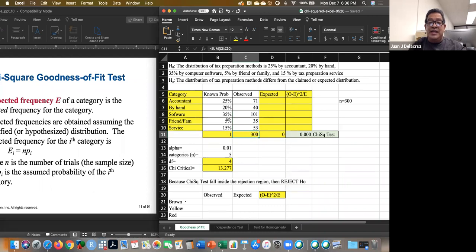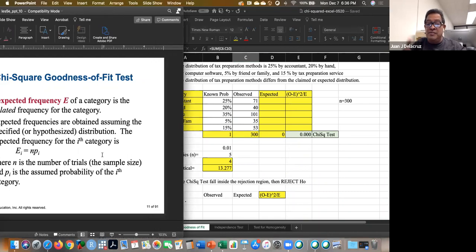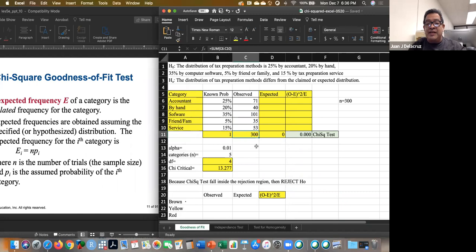So now I know that my 5 categories are equal to 100%, and my sample size is going to be 300. So in order to find the expected, because remember, we are going to use the observed and the expected. If I have 300 persons here, I need to find what is expected, which is the 25%.